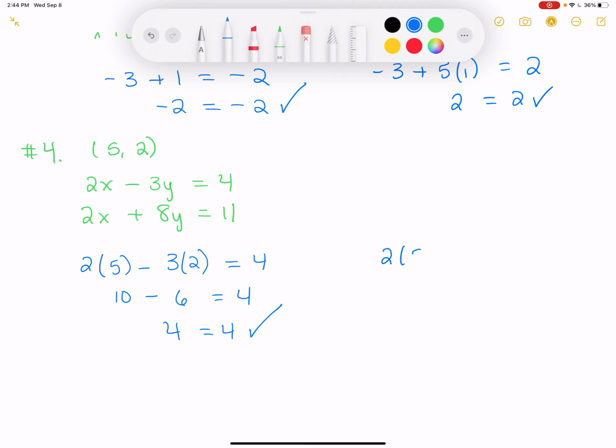So 2 times 5 plus 8 times 2 equals 11. 10 plus 16 equals 11. 26 does not equal 11. So it's not a solution.